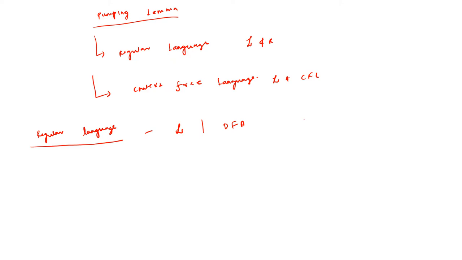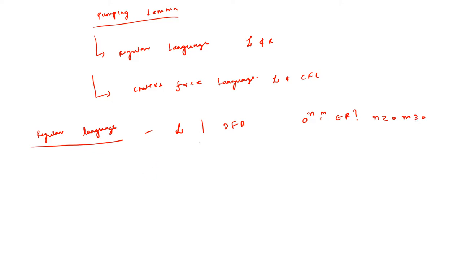Now can the class say if 0 power n 1 power m, with n greater than or equal to 0, m greater than or equal to 0, is regular? Yes, it is regular, because n and m are different.